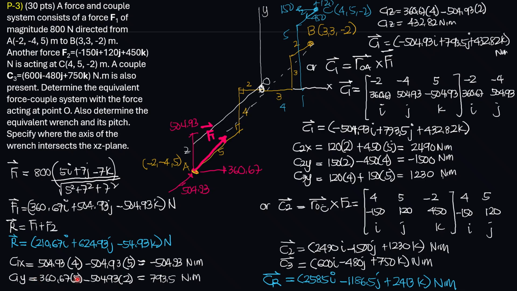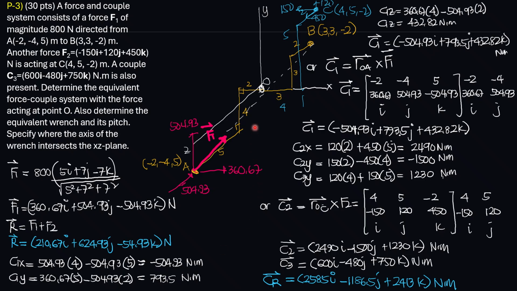Only one solution is required, but to make sure, I presented two ways here to check the answers by scalar and by vector approach. So it is 504.93 times 4, that's positive. Then the moment due to 504.93 is opposing the positive sense of moment about X, because this is in the opposite sense. So minus 504.93 times 5. That's negative 504.93 Newton meter.